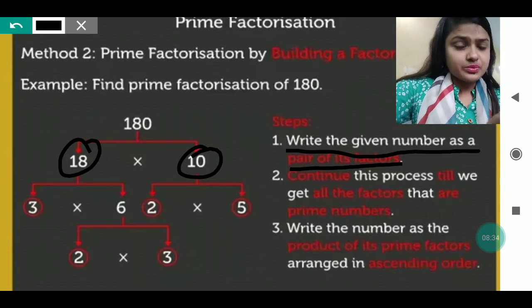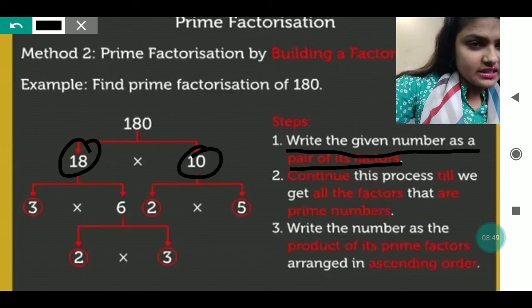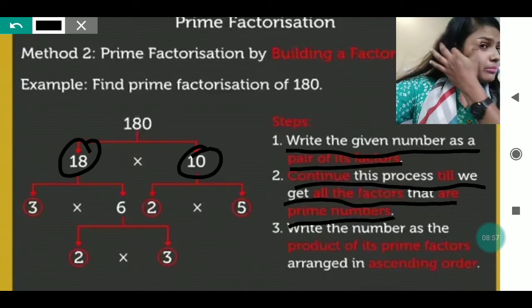After that we see 3, then 6, then 2 and 5. Continue this process till we get all the factors as prime numbers.